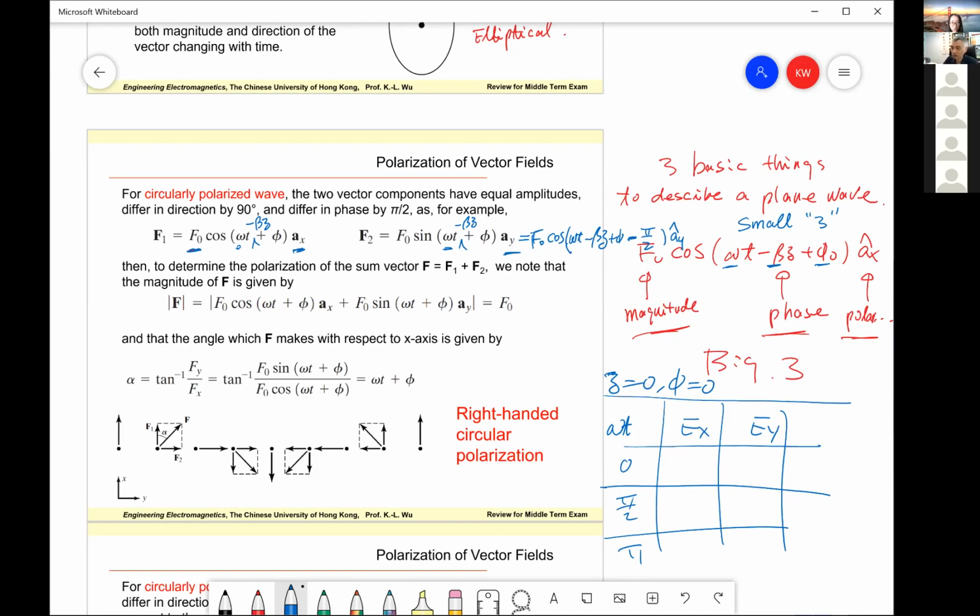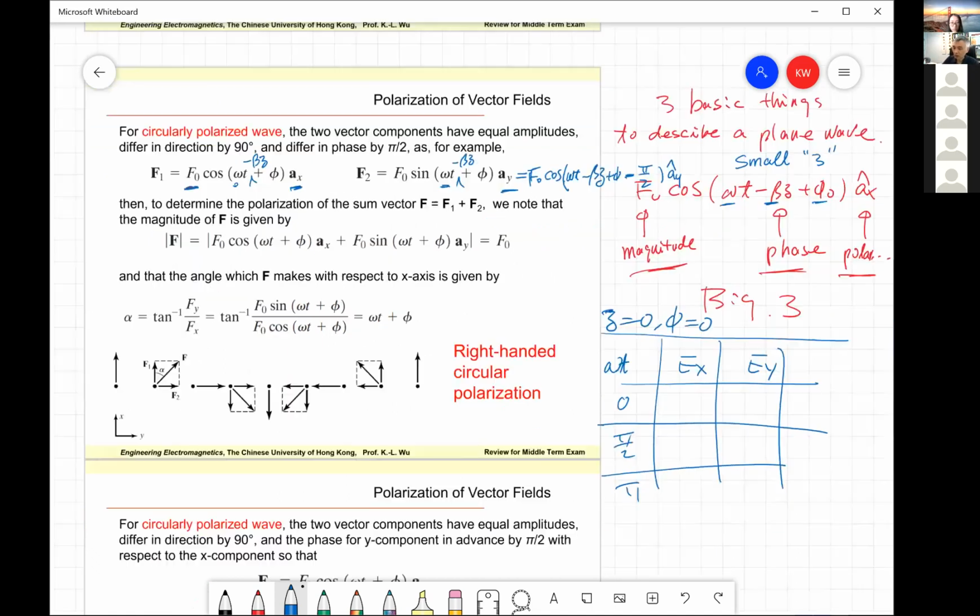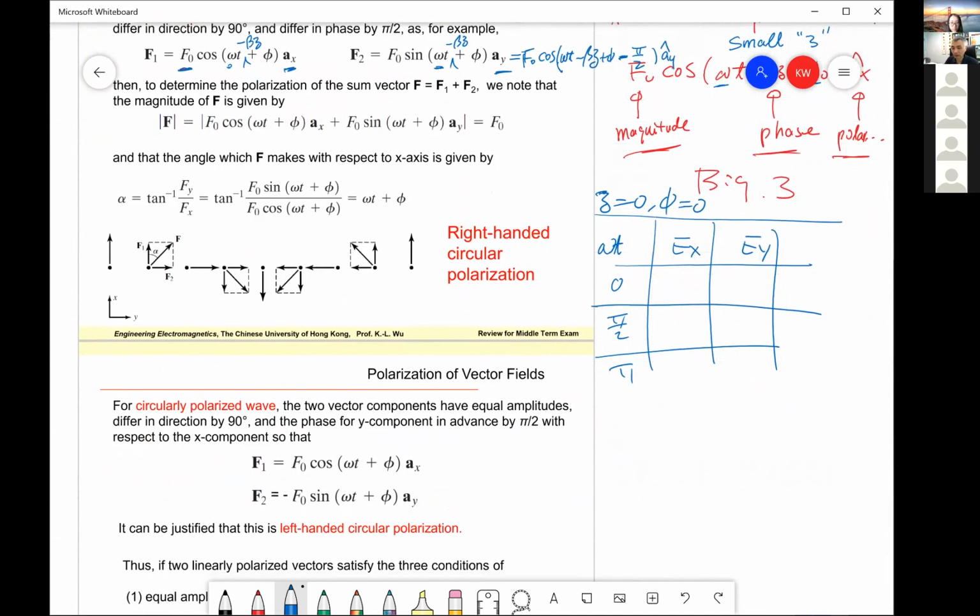From this case, we can justify, we have three things.